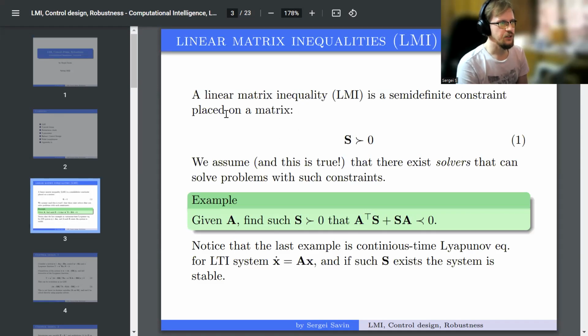So first of all, remember what a linear matrix inequality is. It's just a statement that some matrix is positive definite, for example.